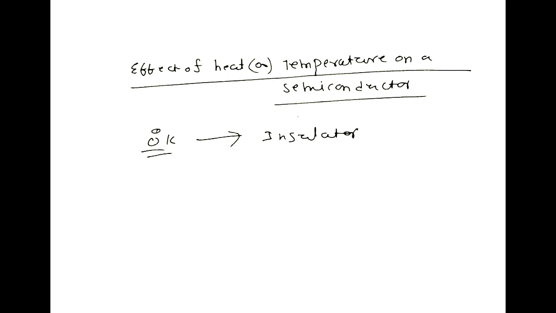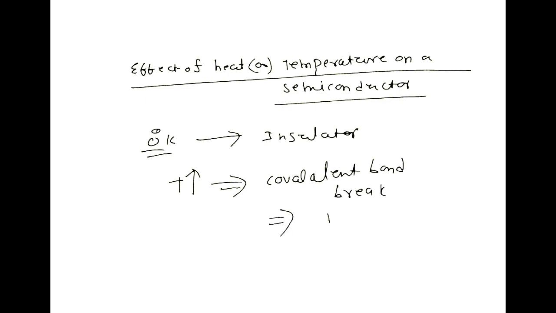Due to thermal energy, the electrons involved in covalent bonds break away from their atoms. So the covalent bonds break when temperature increases, which generates free electrons.